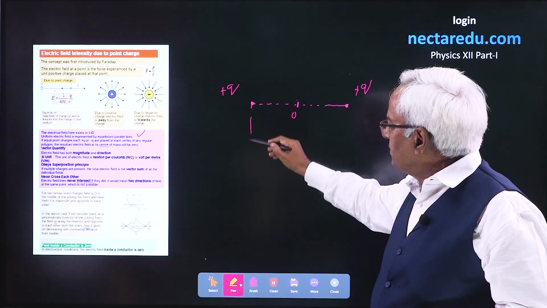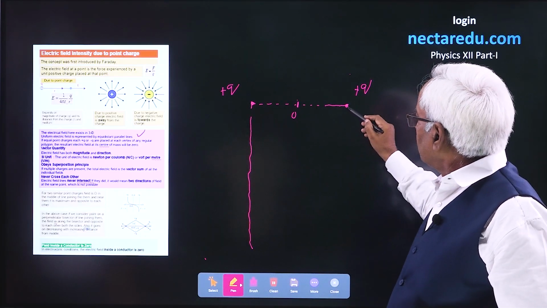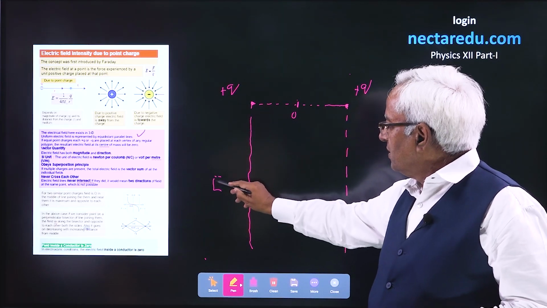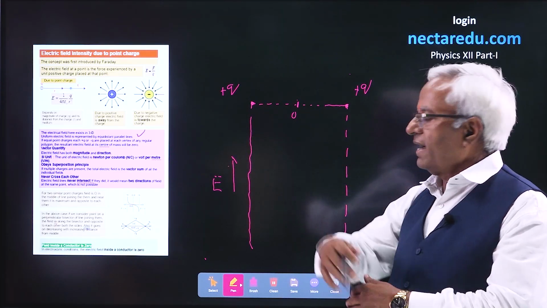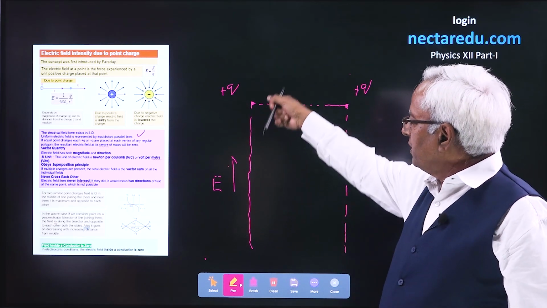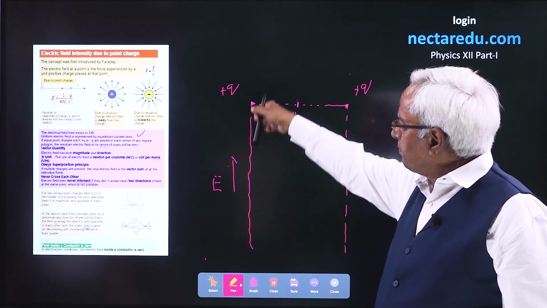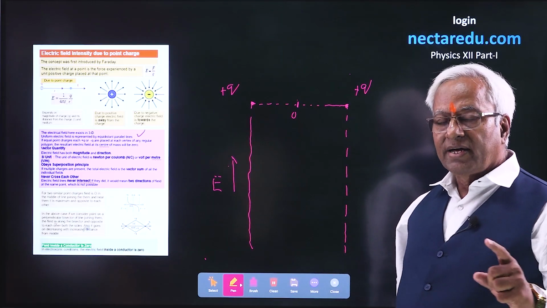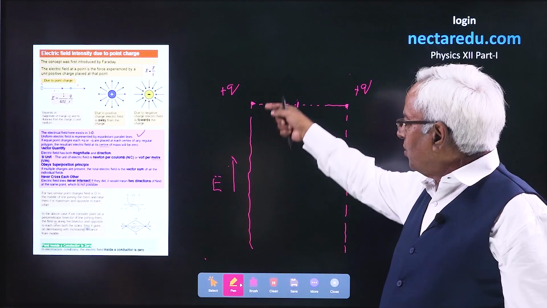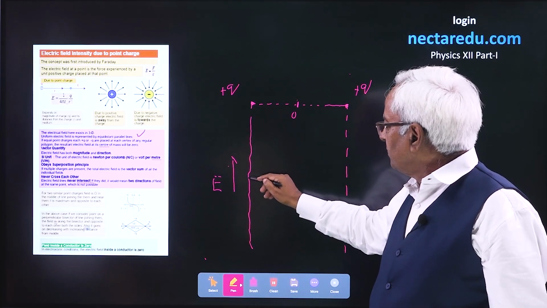To show that, we would take electric field along this axis. To depict this, we are assuming that electric field would be plotted along the y-axis. Its magnitude, its value will be shown along the y-axis.